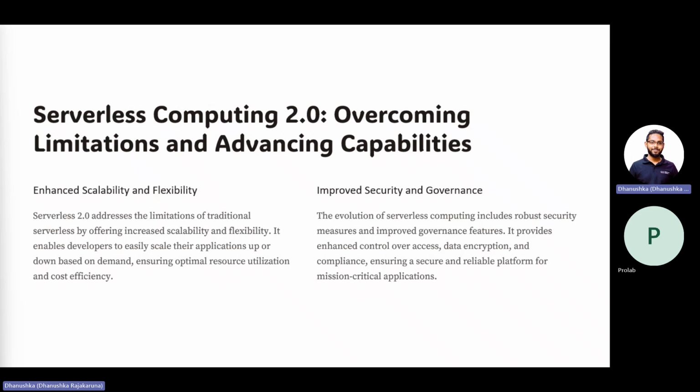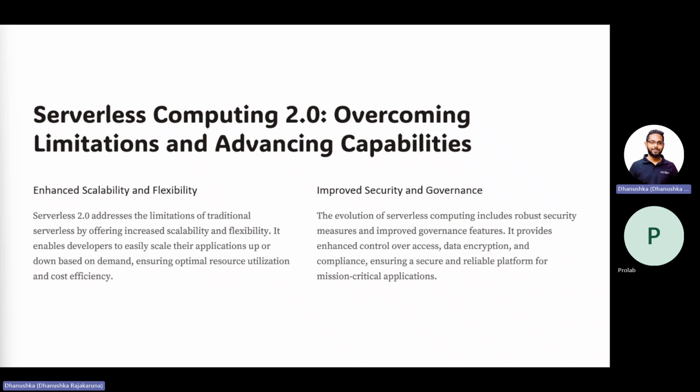So advancing capabilities in serverless computing 2.0 is stateful serverless, combining serverless with state management for more complex workloads. Example: Durable Functions in Azure, Step Functions in AWS. The next one is edge serverless, processing functions closer to the user for ultra-low latency.